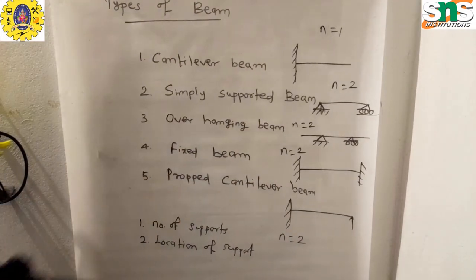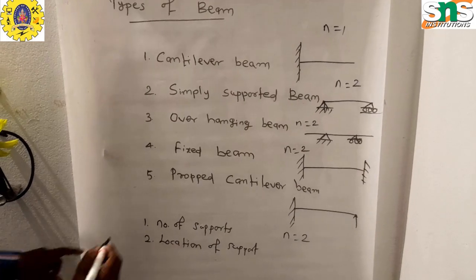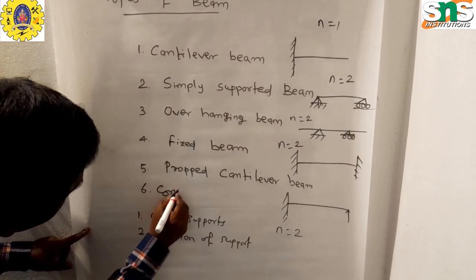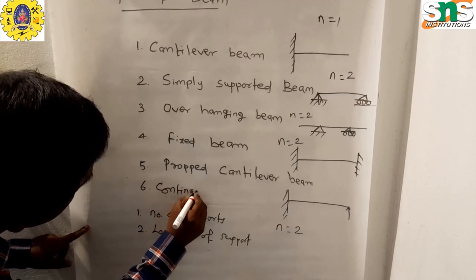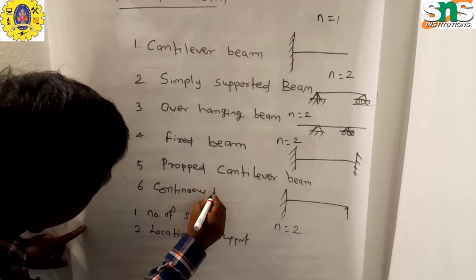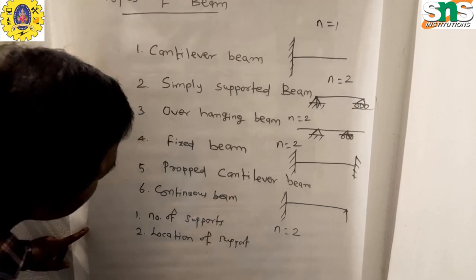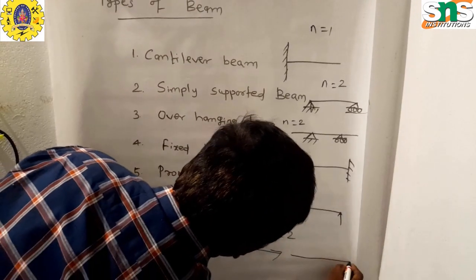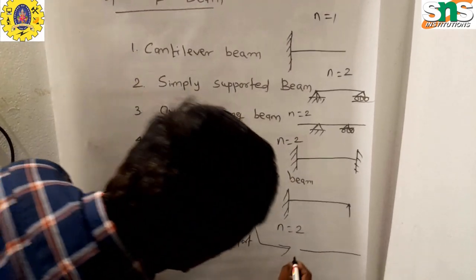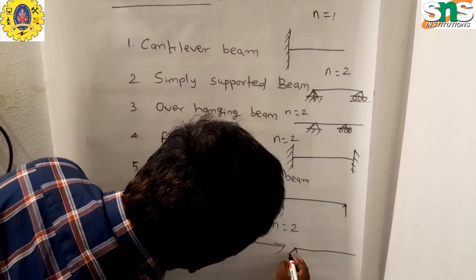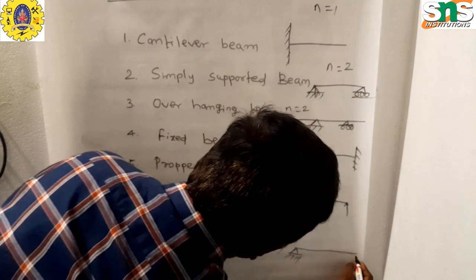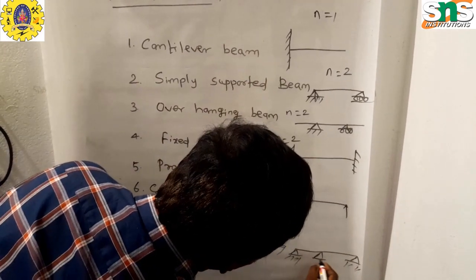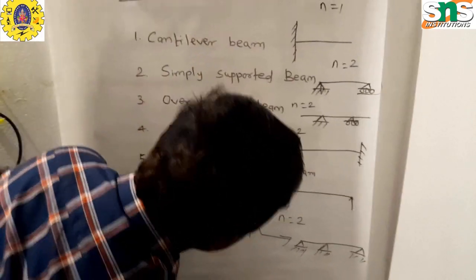And one more thing, another type of beam is called a continuous beam. In a continuous beam, as the name itself says, it is continuous, so the supports may be hinged, and in between there will be a number of supports.